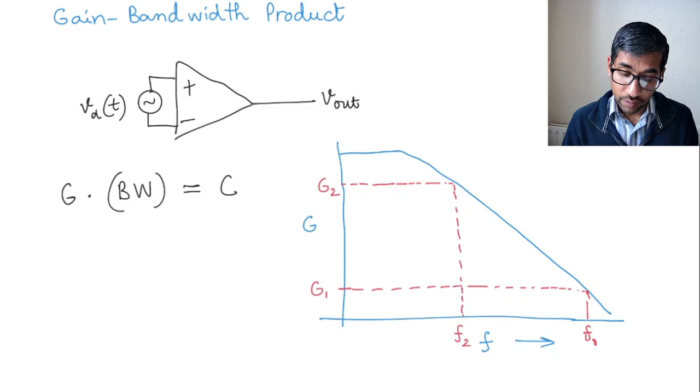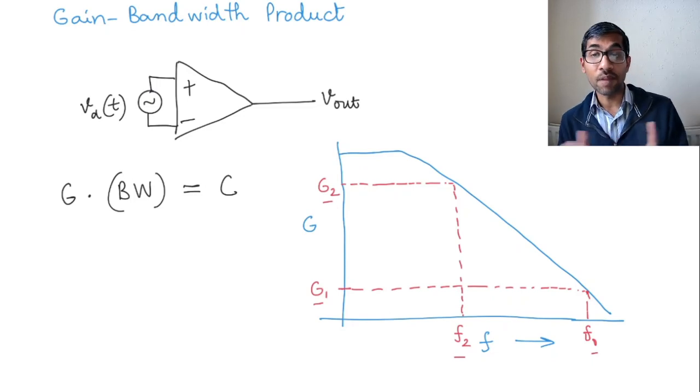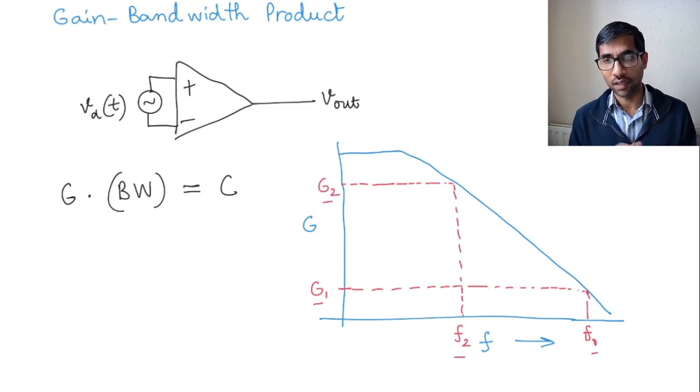Okay, and you could say that the product G2 times F2 is the same as G1 times F1, though in real op amps that may not be true, but in many cases I think that is a good rule of thumb to think about this phenomenon.